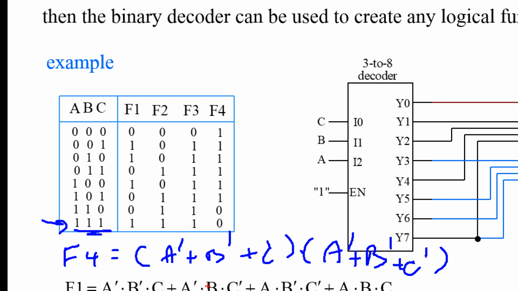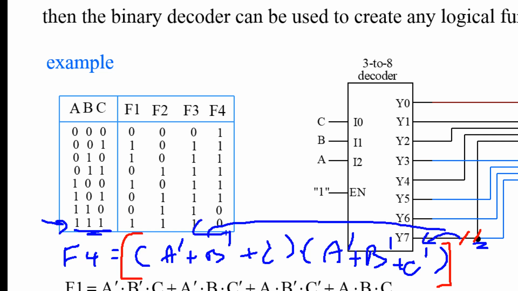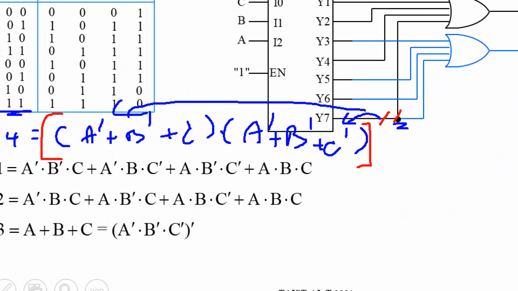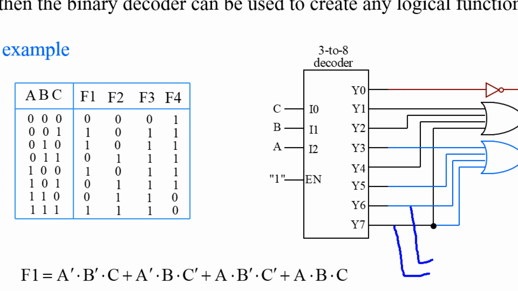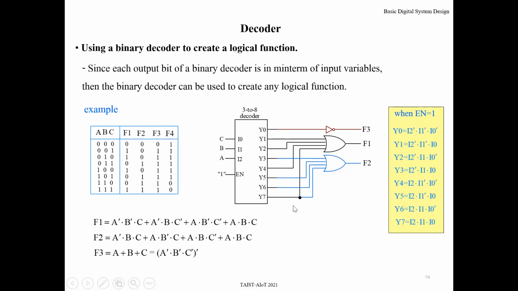Then you apply De Morgan, and it becomes A and B and C prime plus A and B and C, inverted. So we just OR y6 and y7 together and then invert at the output. So you obtain function f4.